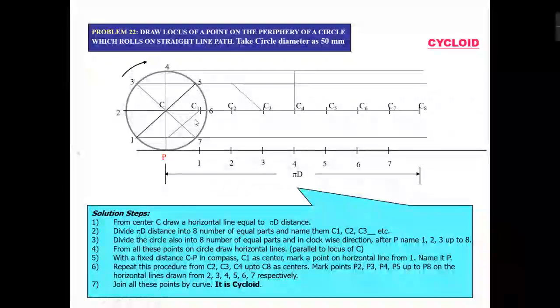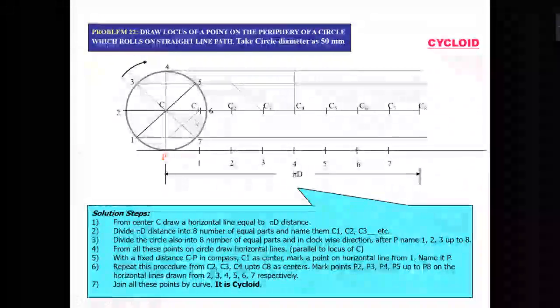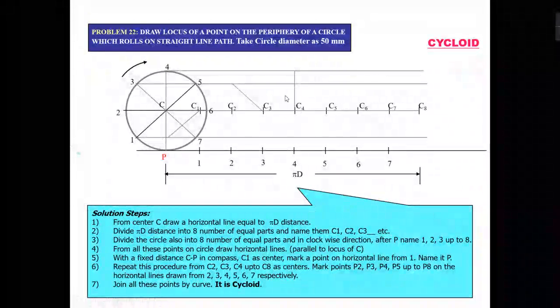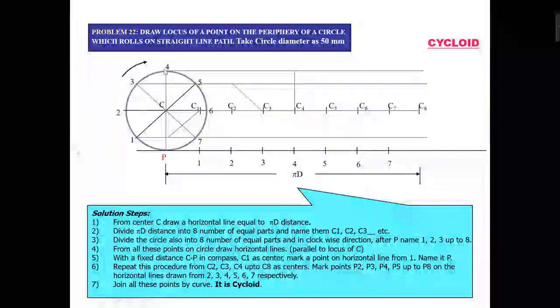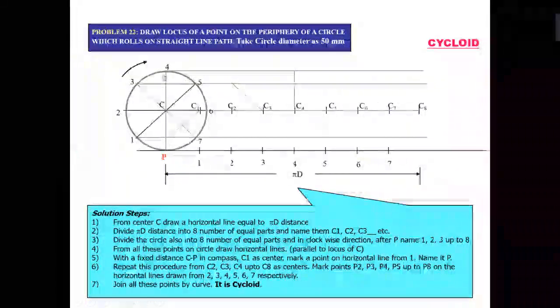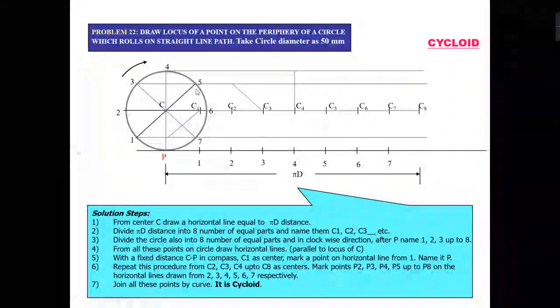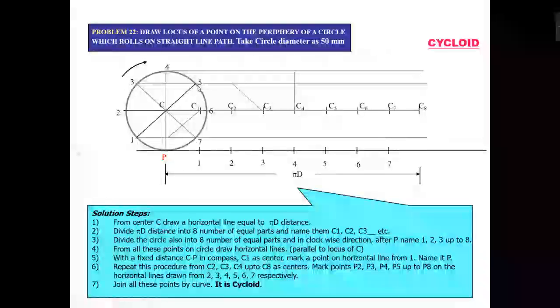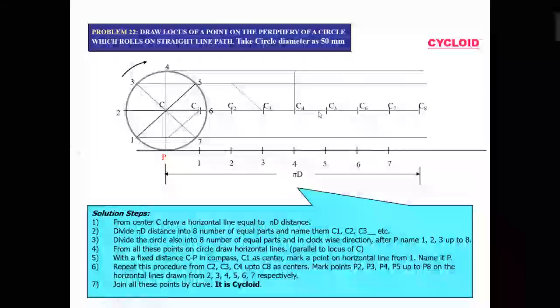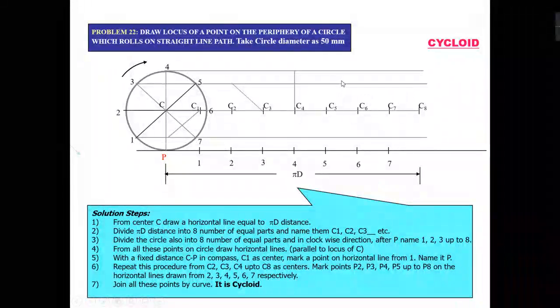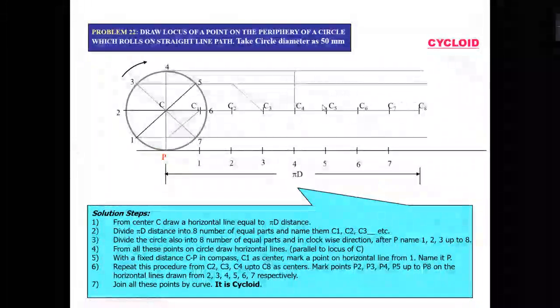Then C3, then C4. Here you can see I am cutting the points on the left-hand side because your point P is moving to the left-hand side. After point 4, your point P is moving to the right side of the center. So from C5, I will cut the arc on the right side of the center.